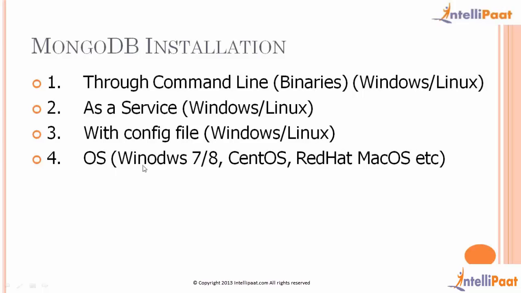These are the three methods. The third one is the recommended method, because in a production environment, if you want to change anything quickly, you can just edit your configuration file and save it, and it will be applied to the databases. So the third one is the recommended configuration for MongoDB.